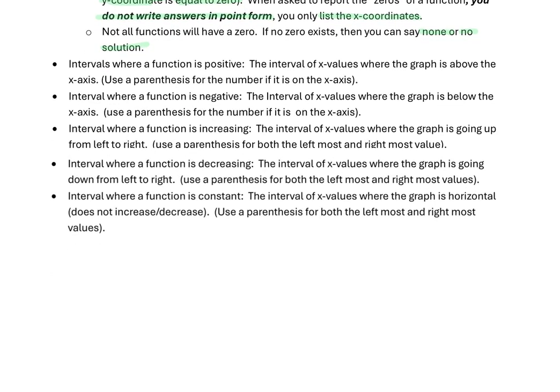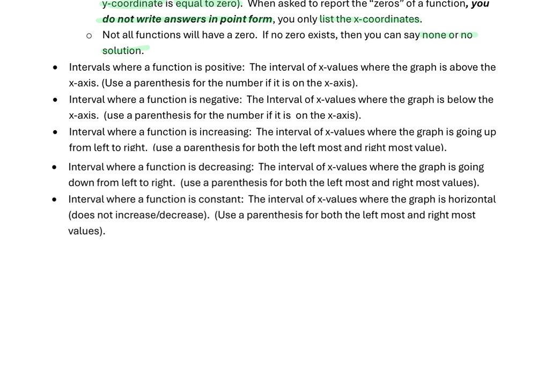The last thing that we talked about was intervals where a function is positive. Remember that when we talk about positive, we want the interval of the x values where the graph is above the x-axis. We use parentheses for numbers if it is on the x-axis, because the x-axis is where it's equal to 0 and it is not positive.